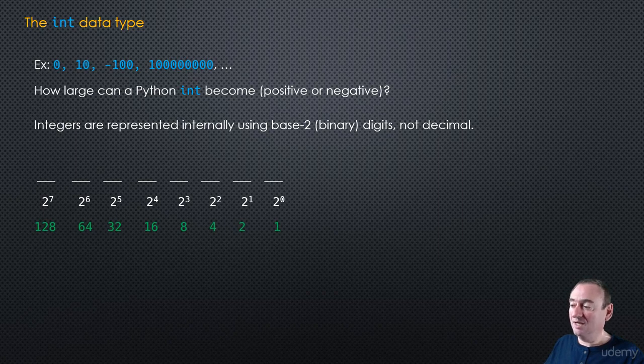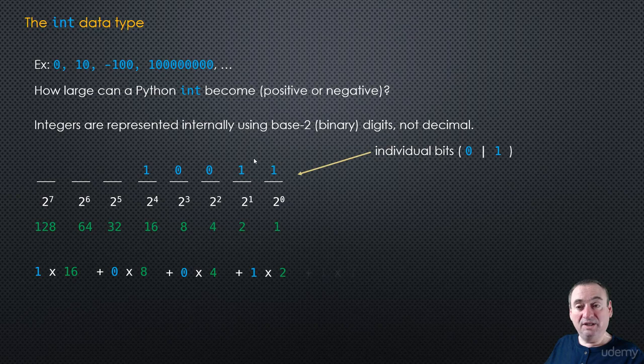So let's take a look at a number. When we're working in base 2, these are the numerical values of each digit that we have in our number. And here's our number, 10011. That's a base 2 number. And these are the individual bits of that number, right? The bits being 0 or 1. So to find out what the decimal representation is of this binary number, we just add up 1 times 16, 0 times 8, 0 times 4, 1 times 2, and 1 times 1.